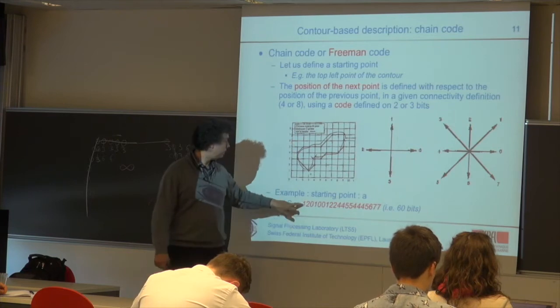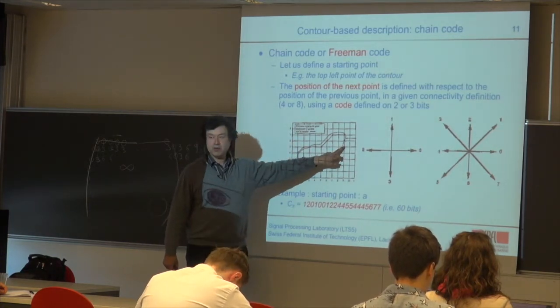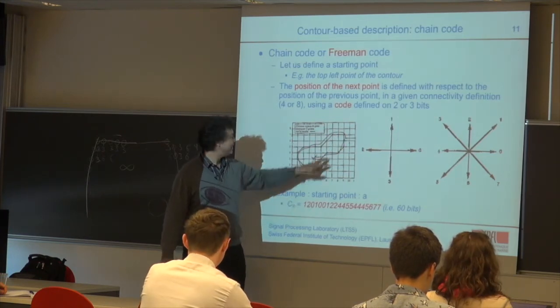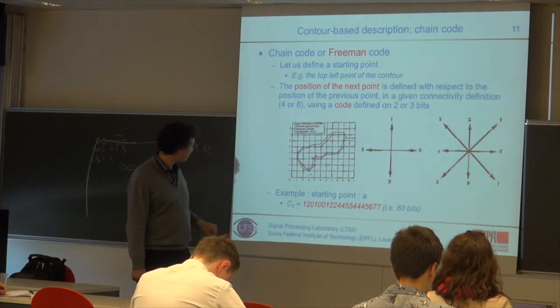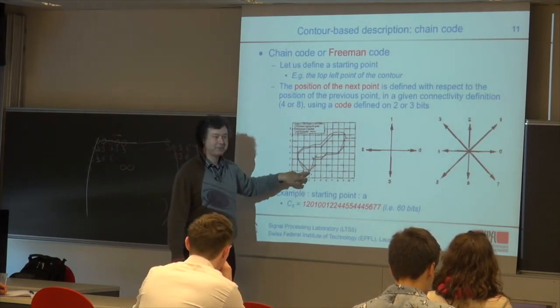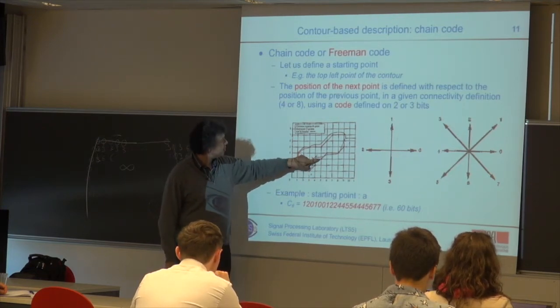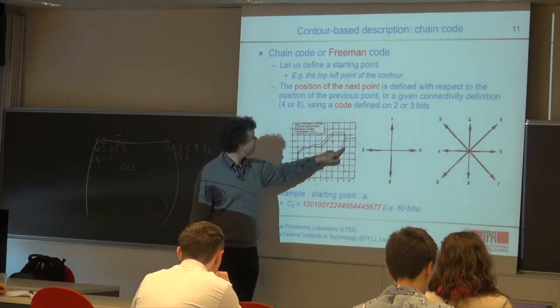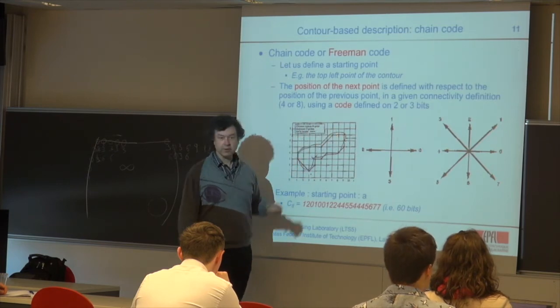So it's 1. Oh, I'm lucky. Then next point is direction 2. Obviously I started from the right way. No. No. Where is my starting point? Here. Okay? 1, 2, 0, 1, 0, 0. Here I am. 1, 2, 2, 4, and so on.